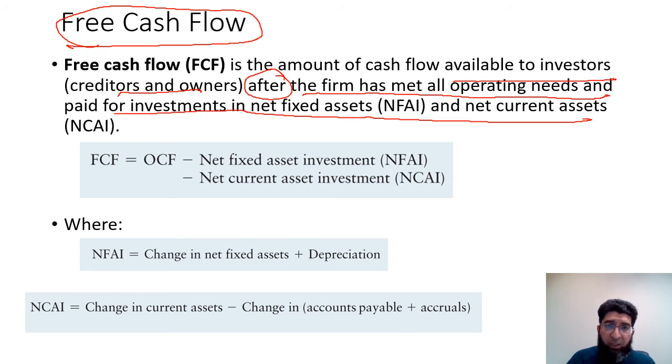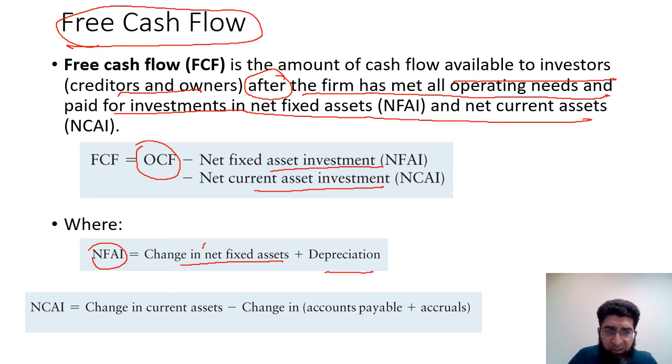It is calculated simply as operating cash flow minus net fixed asset investment and net current asset investment. Both are pretty simple to understand. Net fixed asset investment is change in net fixed assets plus depreciation.